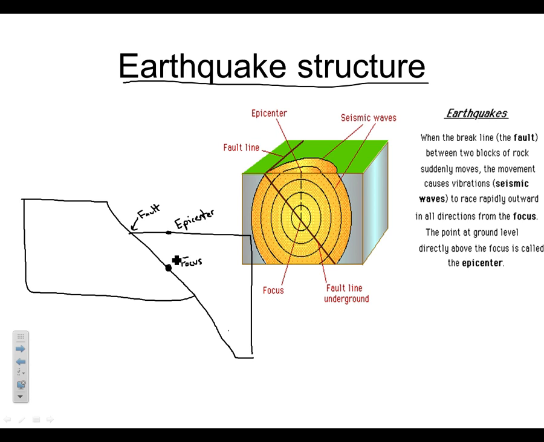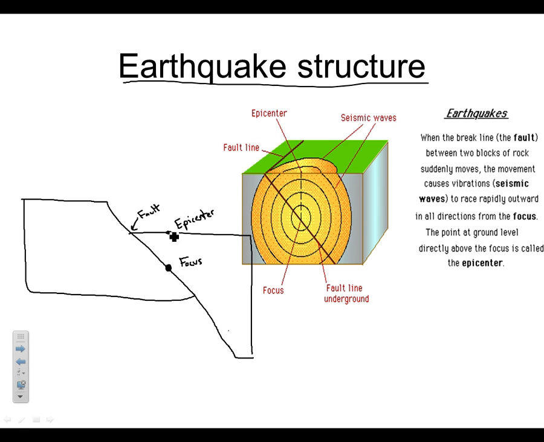The epicenter is directly above the focus. The fault could be there if it's a strike-slip one, but if it's a normal fault like this, or a reverse fault, normally that crack in the surface isn't at the epicenter. So just think about that when they say the epicenter was in a certain place. It's not like, oh, I'm going to go there and see the big crack. It might just be where a lot of the damage was.